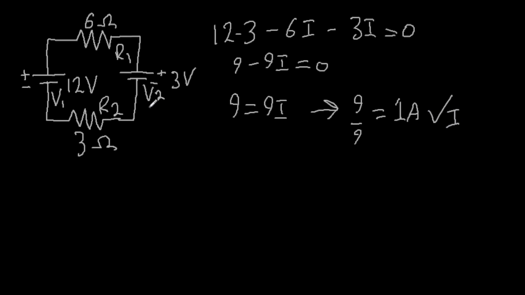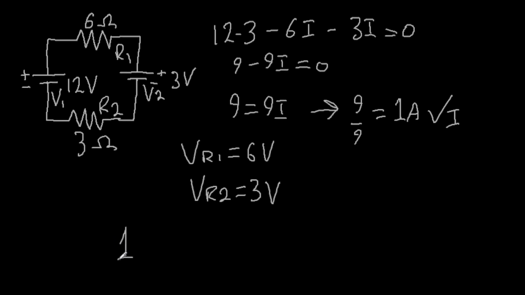So now we have the total current. We can find the voltage drop across each resistor. In this case, it's just 1 amp, so it's going to be a 6 volt drop across R1. And for VR2, it's going to be 3 volts. So, calling back to the first expression here, just insert the numbers. 12 minus 3 minus 6 minus 3.